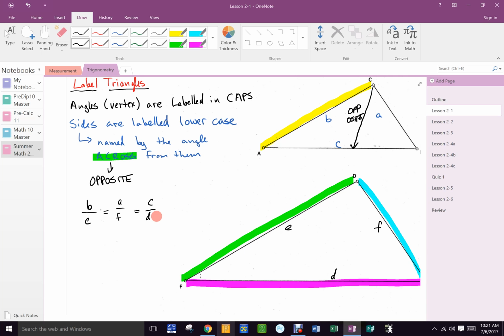Please notice that they must be in the same order. The numerators all came from the small triangle, and the denominators all came from the big triangle. There's no rule about which triangle you put first, but you have to keep that same order. Does everybody understand what I am saying?